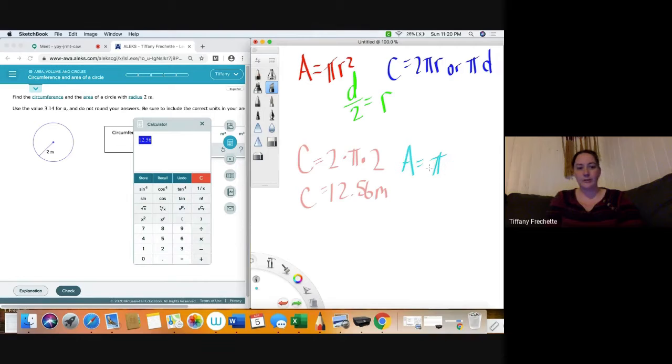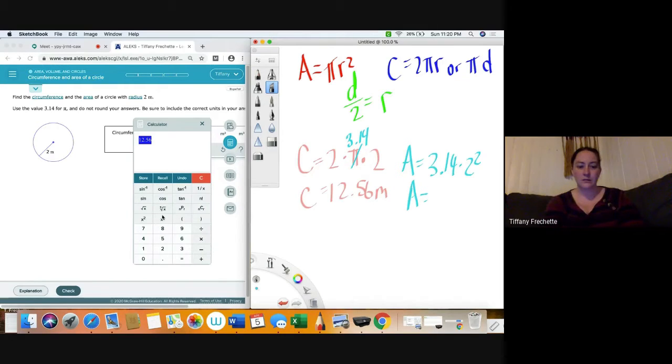Oops, I wrote r, but we want r squared, 2 squared. And I wrote pi, didn't I? You actually want to write 3.14 times 2 squared. I wrote pi on this one also. I'm going to cross it off with a blue. But they want us to use 3.14, so when I typed it in the calculator, that's what I typed.